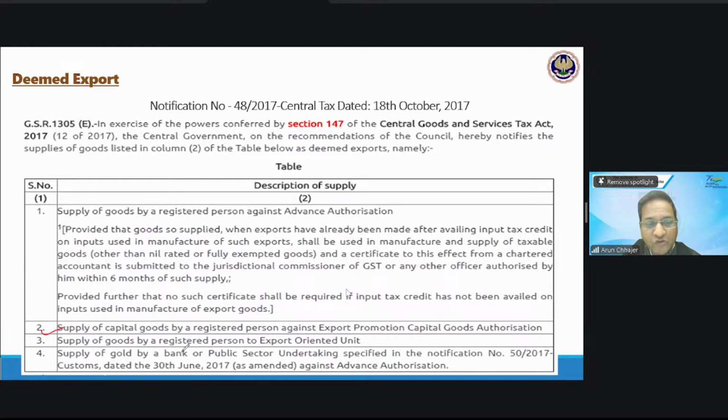Supply of the capital goods by the registered person against EPCG license. Then supply of the goods by the registered person to the EOU, export oriented unit. Then supply of the gold by bank or PSU specified in that notification. So what are the 4 transactions? Let me come back and talk again about the advance authorization.